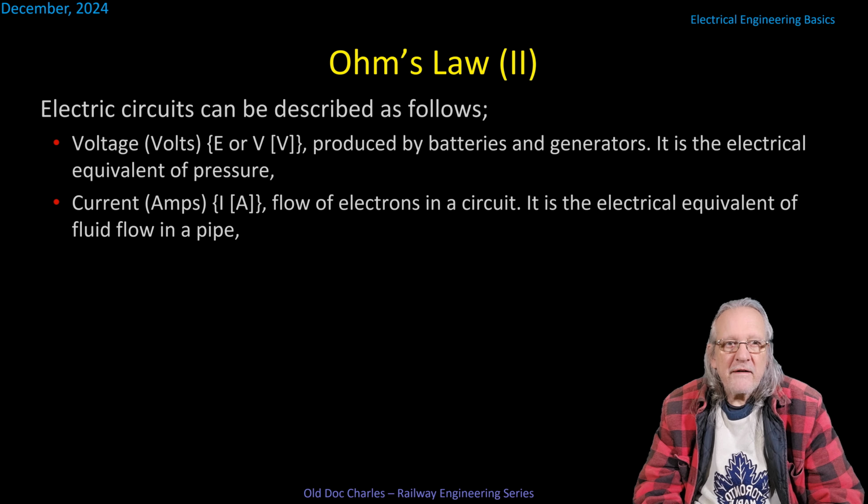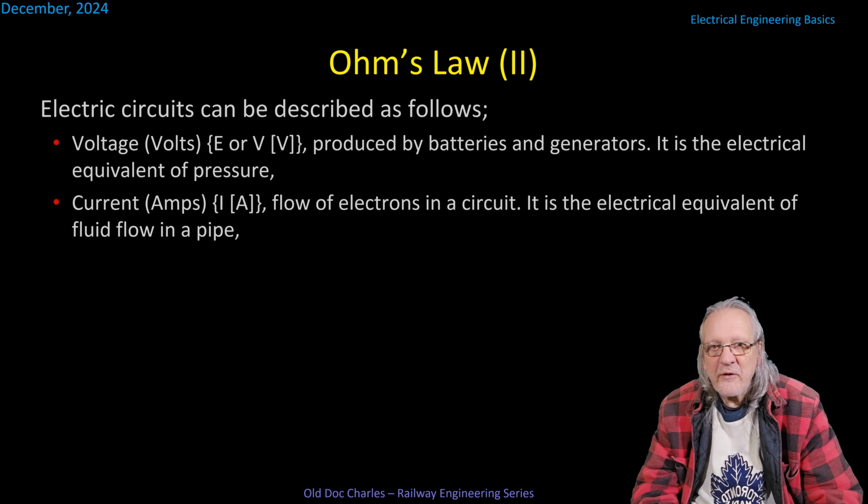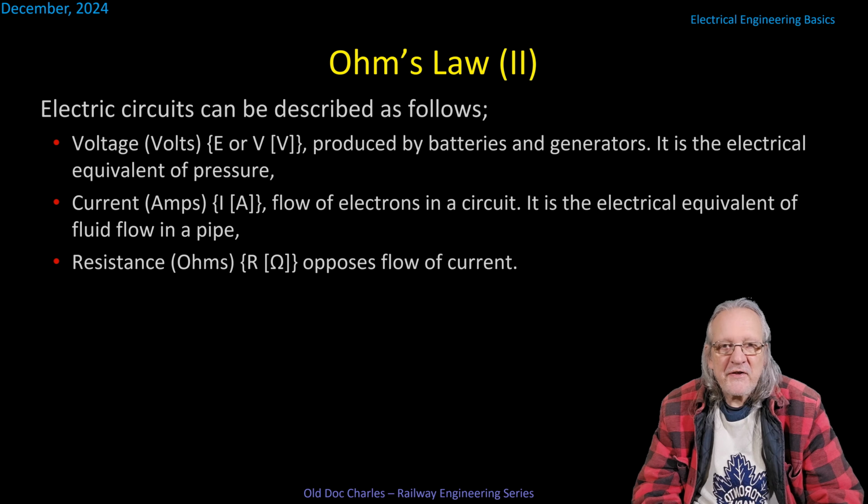The current is in amps, and it's the flow of electrons in a circuit, and it's the electrical equivalent of fluid flow in a pipe. And the resistance, in ohms, is what opposes that flow of current.